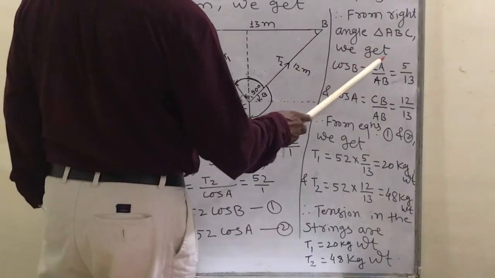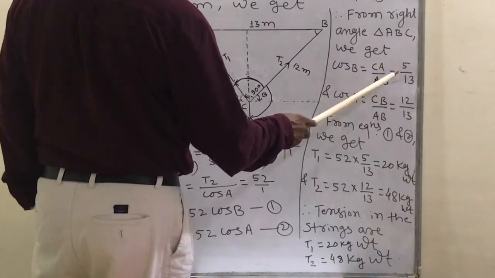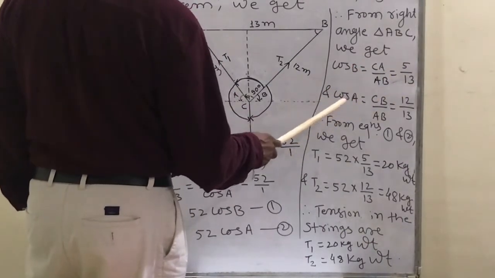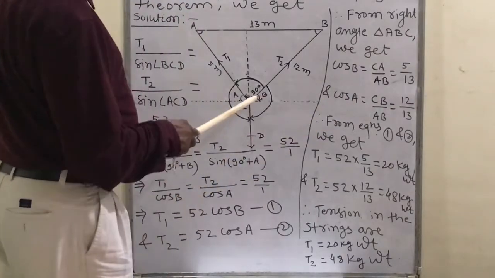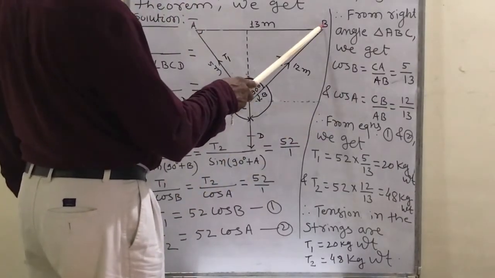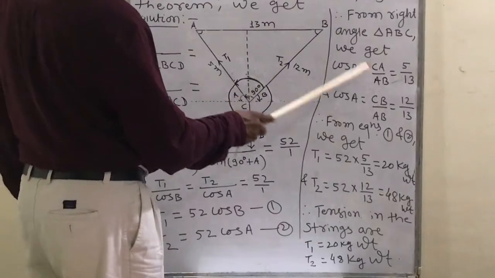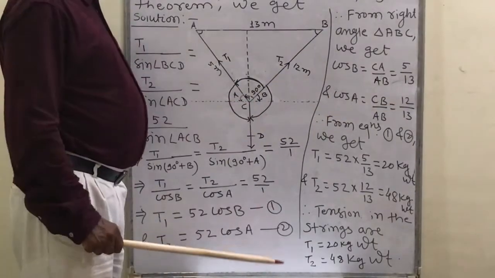Cos B is equal to CA upon AB, which is equal to 5 upon 13, and cos A is equal to CB upon AB, so 12 divided by 13.